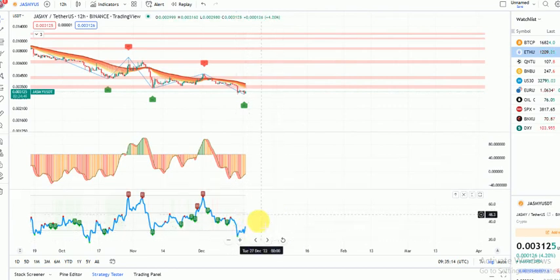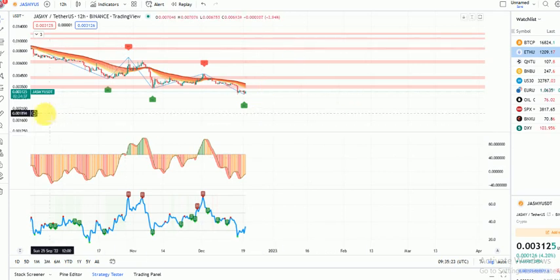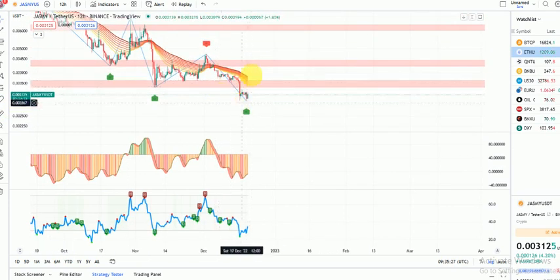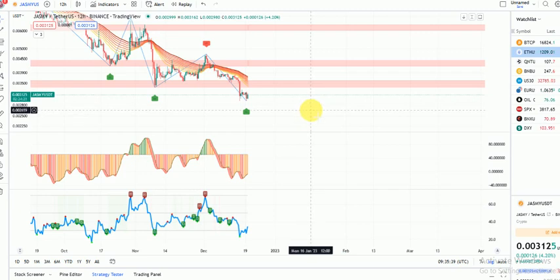Same thing, our money flow and oscillator are telling us that we should be expecting a push to the upside in the short time, right before we have the last push to the downside. I'm still expecting one more push to the downside, and that is when we would see the low for Jasmy.